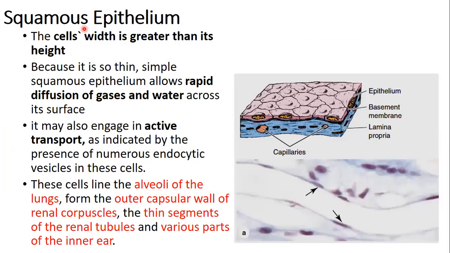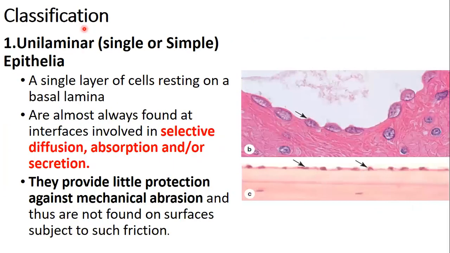So we see that when we talk about number of layers, epithelial tissue can be classified into 2 broad categories. So we have what we call simple epithelium. We also have what we call stratified epithelium.